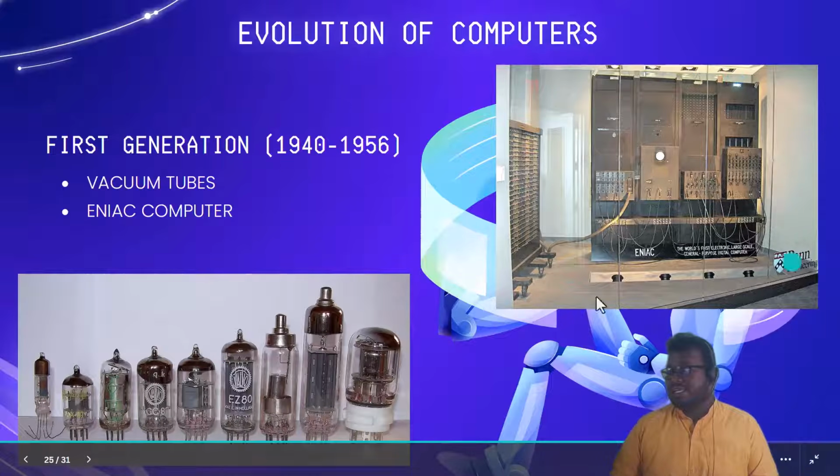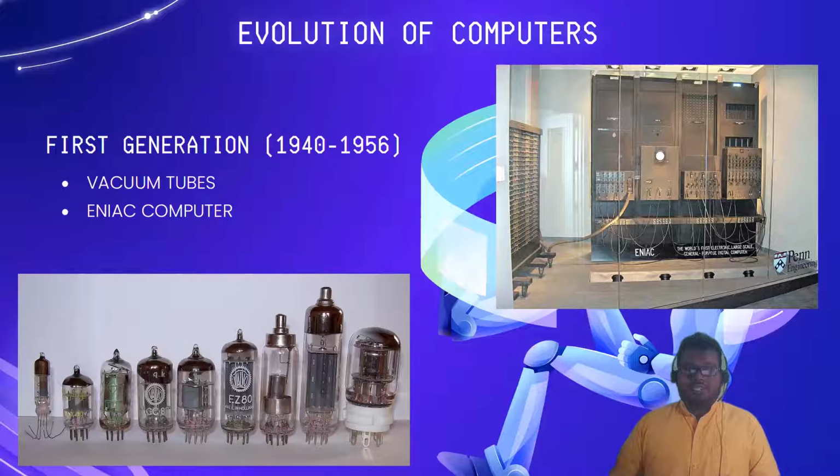This is the ENIAC. For your information, this needed a whole room for cooling. But this could only solve one problem at a time. You can't process in parallel. And it required constant maintenance because vacuum tubes burned out frequently because of the big heat.